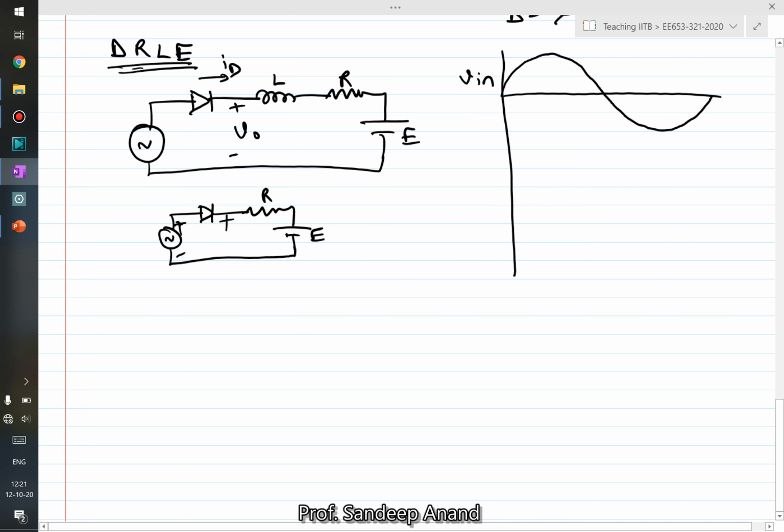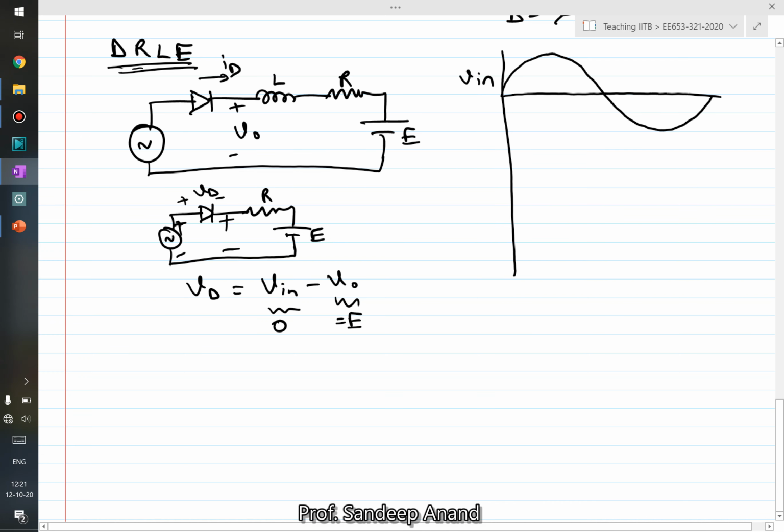The output voltage is still E, it's not 0. So the diode is still not forward biased, because VD is equal to Vin minus VO, my VO is equal to E and Vin is negligible, close to 0. So the overall diode voltage is still negative and it is not forward biased.